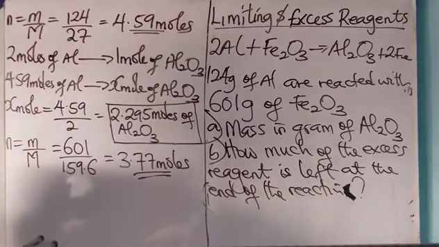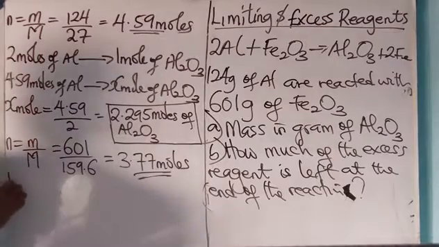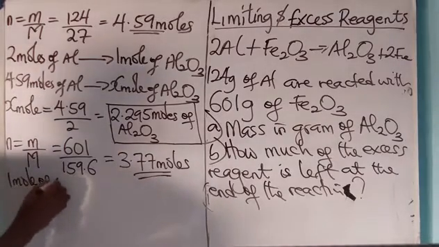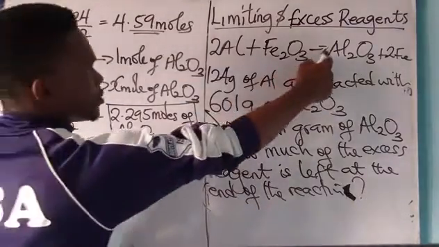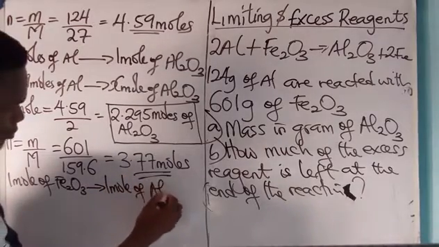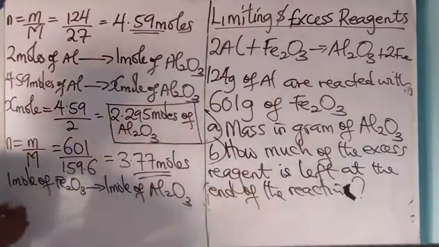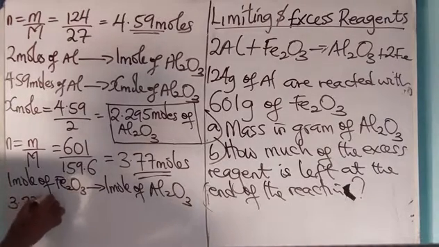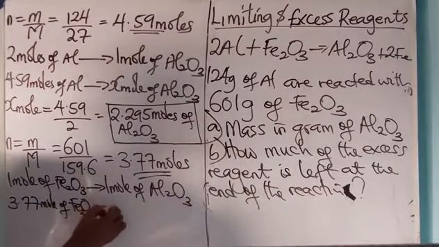Are we done? No, we aren't. What do we do next? It means that 1 mole of Fe2O3 will produce 1 mole of aluminium oxide. Then how many moles of aluminium oxide will 3.77 moles form?